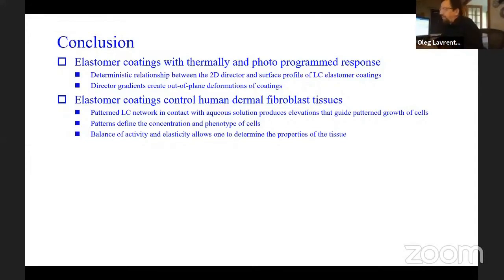But we know that in real situations, the cells are always located at something that is alive and moving. And so far in the biomedical field, it's a big problem that people cannot have dynamic substrates. And we hope that with the development of liquid crystal elastomers as substrates for the growth of cells, we could now produce dynamic control of the growth of tissues and cells by changing the profile of the elastomeric substrate.